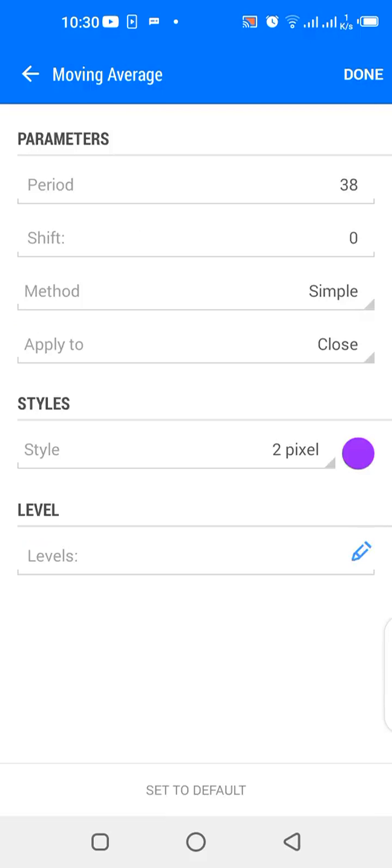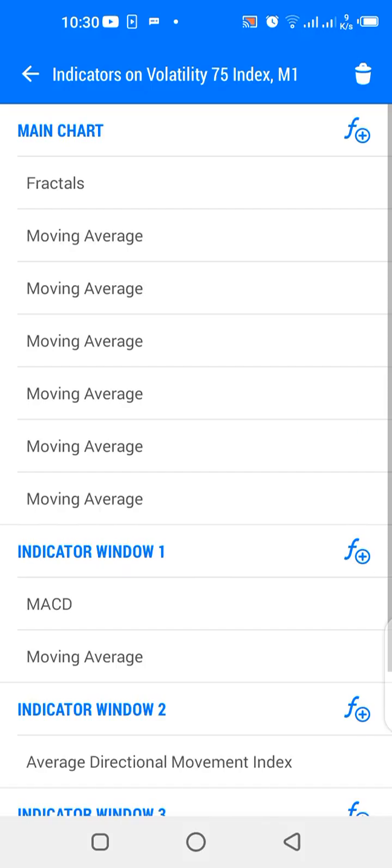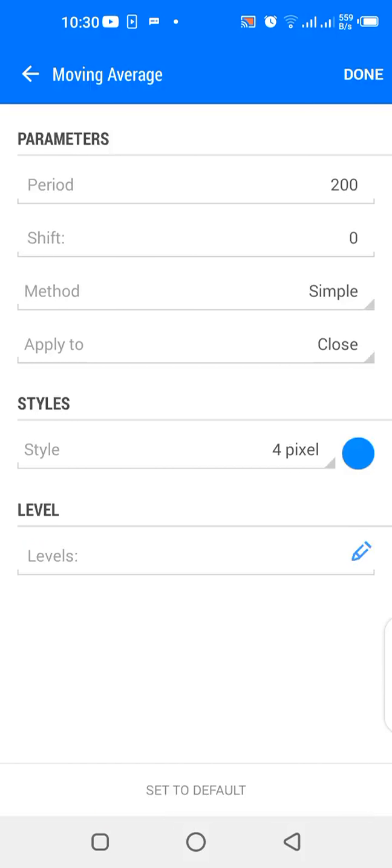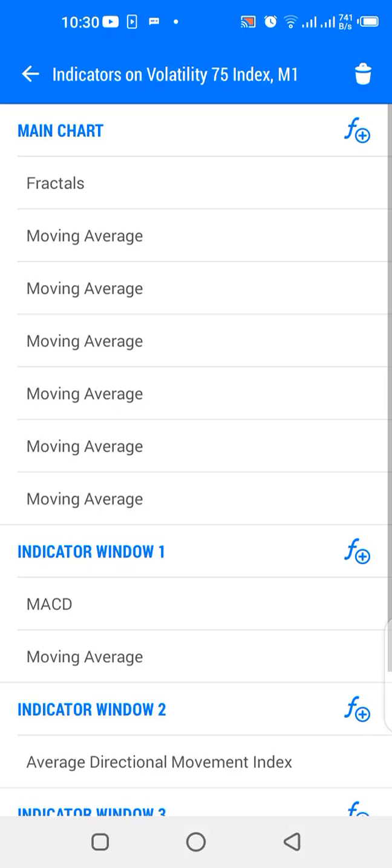Shift is 0. Method is simple. Apply to close and the color is purple. While the third moving average is 200. The period is 200. Shift is 0. Method is simple. Apply to close and the color is blue.